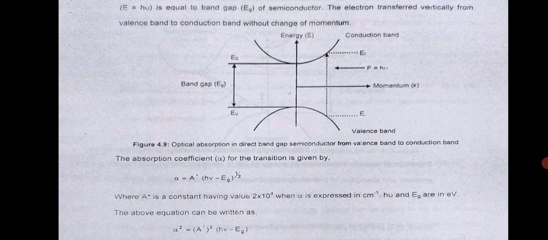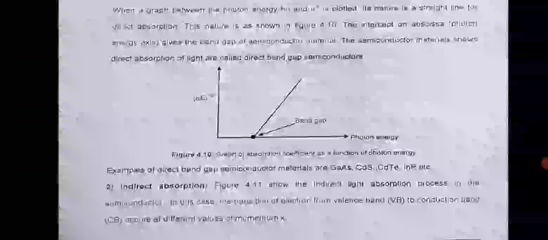When a graph between the photon energy h nu and alpha square is plotted, its nature is a straight line for direct absorption, as shown in the figure, and the intercept on the photon energy axis gives the band gap of the semiconductor material. A semiconductor material that shows direct absorption of light is called a direct band gap semiconductor.